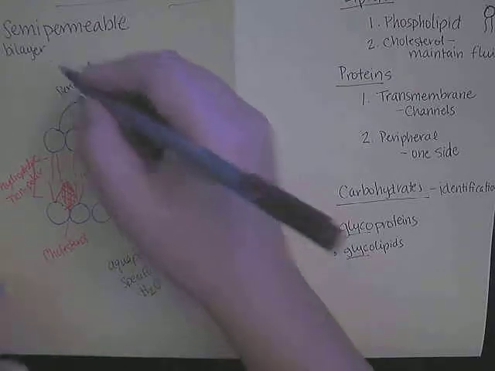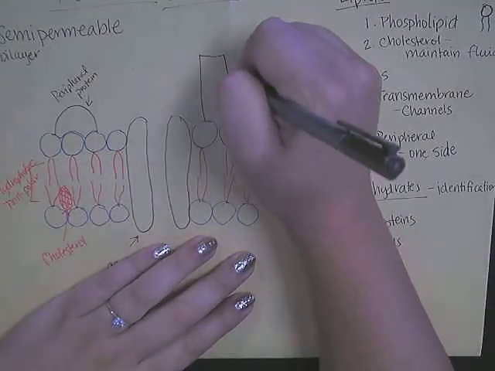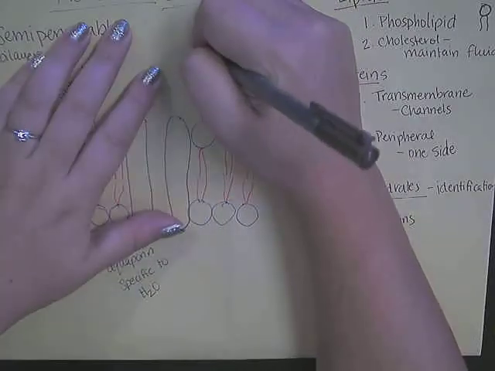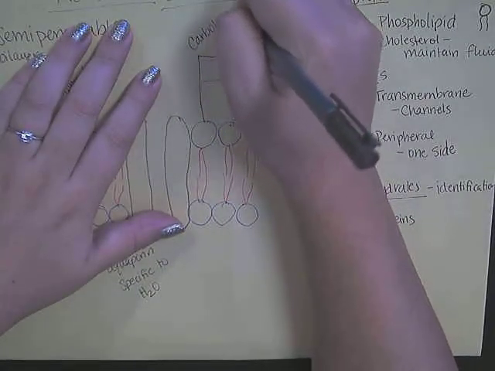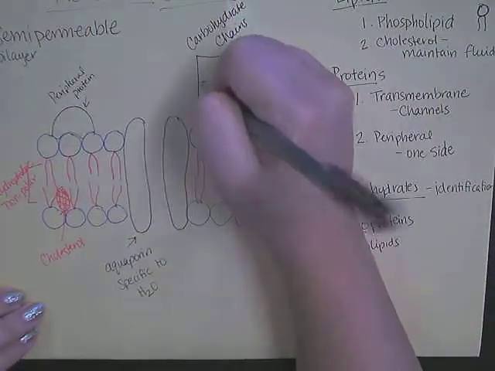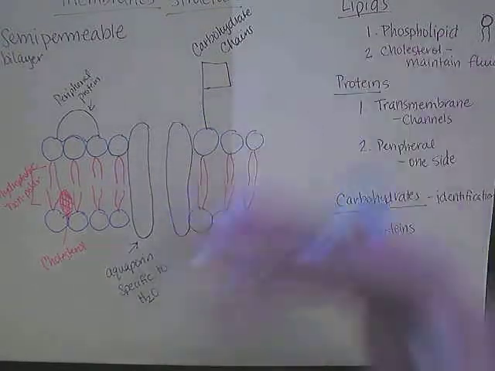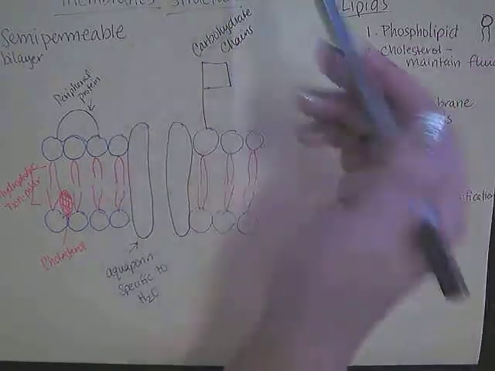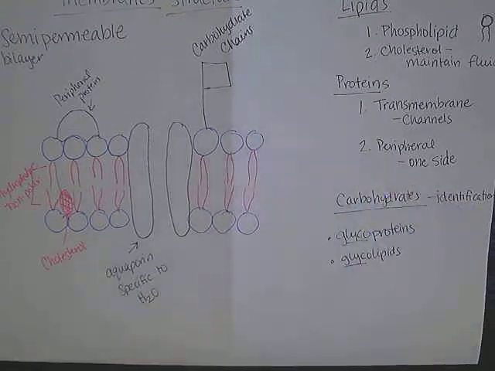Lastly, your carbohydrate chains are just sticking out. A good example of these carbohydrate chains would be blood typing. And so if you have A blood, B blood, AB blood, or O blood, it's carbohydrate chains on the exterior of that plasma membrane that allows for that.